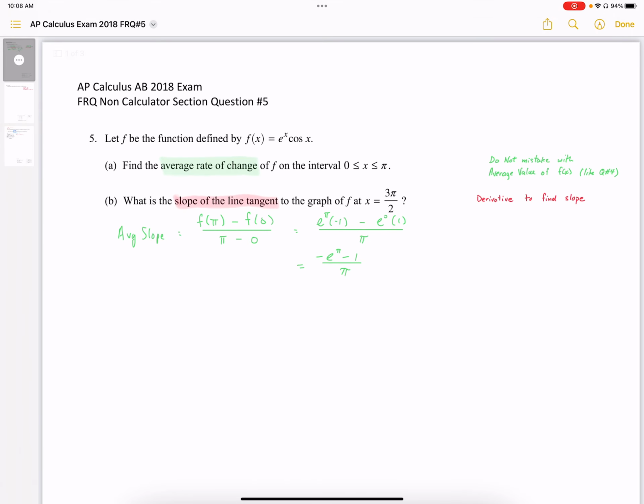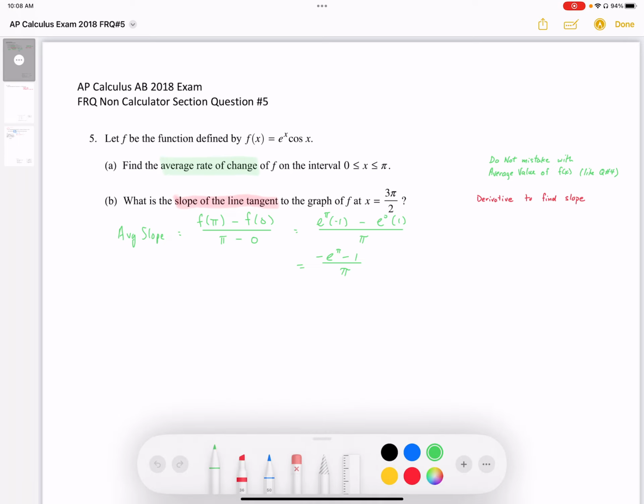Okay, so for part B, we are going to find the tangent line slope, so we need a derivative. So for part B, we're going to find the derivative. We need to differentiate this expression.